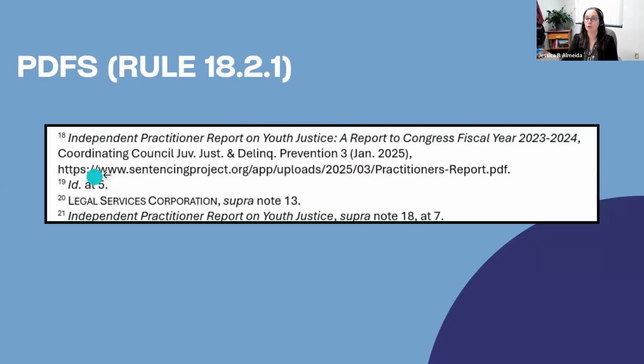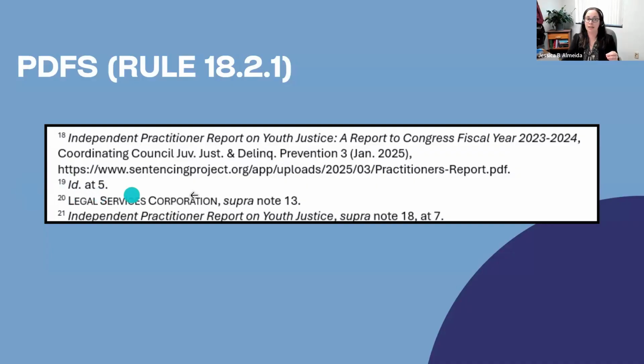So, as you can see in my full cite, I have a pin cite of 3. And then in my id., period, and then of course italicized at, and then my pin cite is 5. So I'm telling my reader I am citing specifically to page 5.